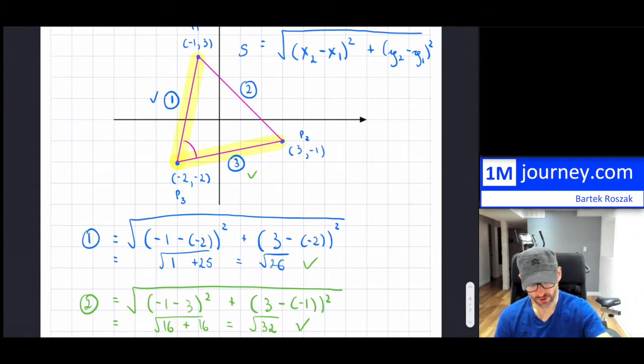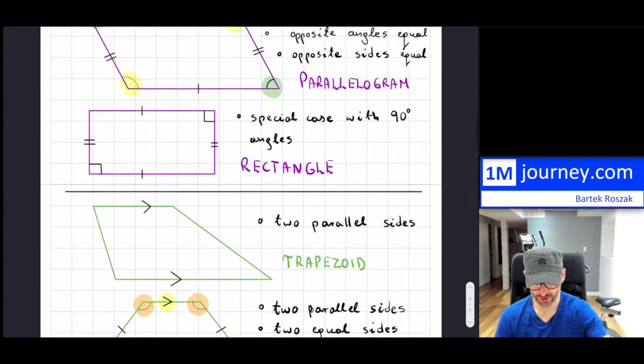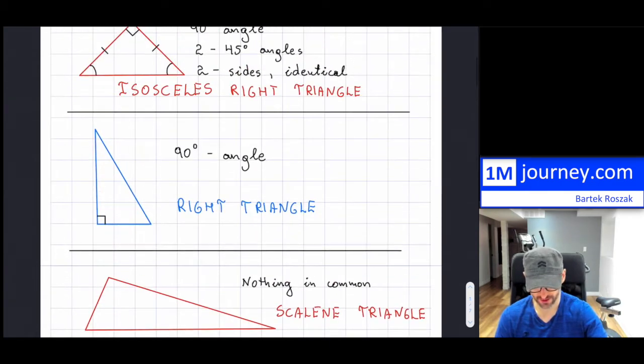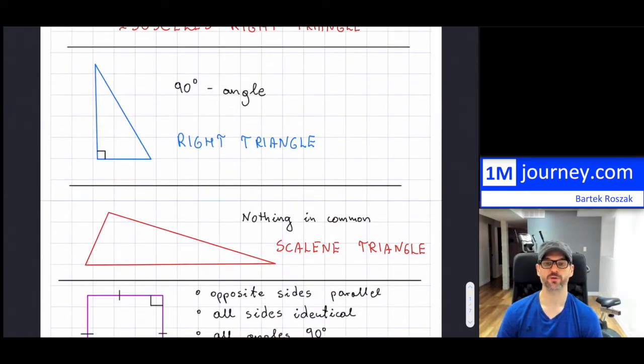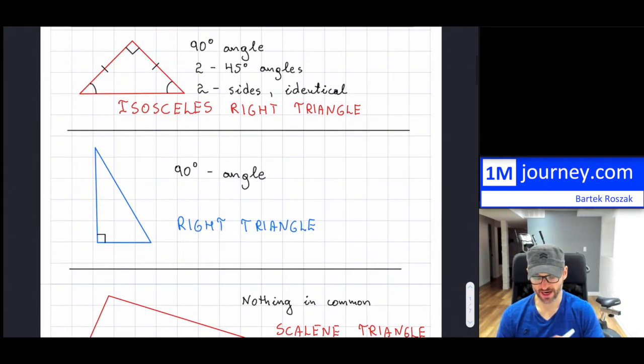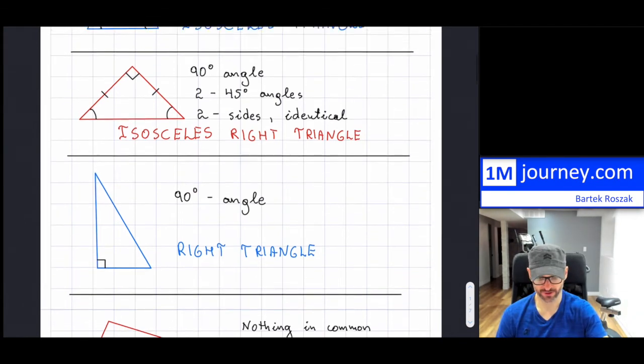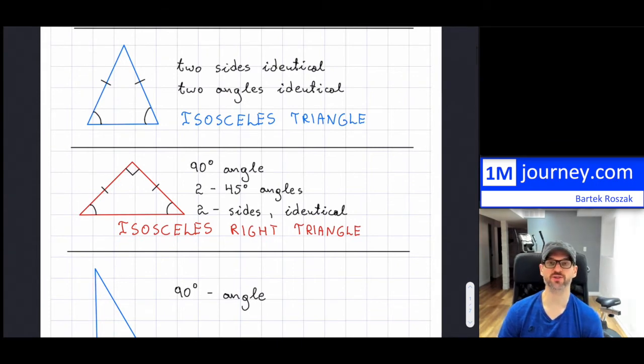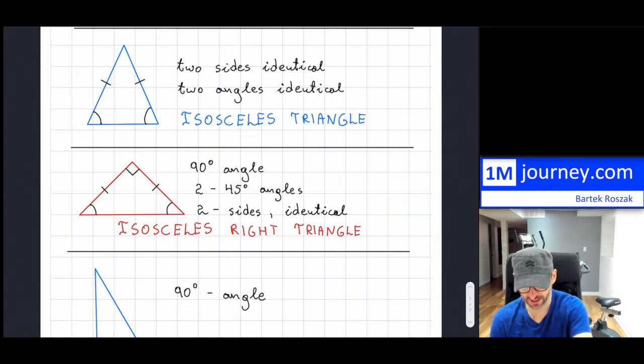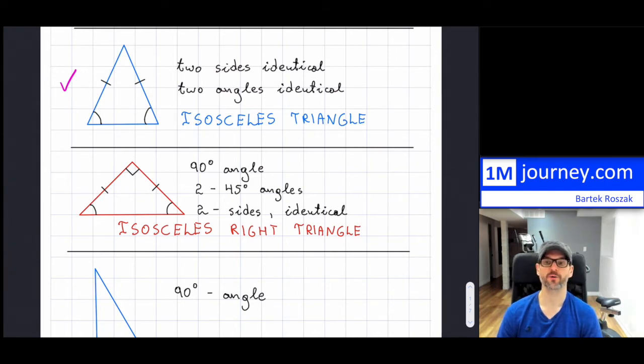Now, if it was a different type of triangle, we could go along this list and see. If there was nothing in common, it would have just been a scalene triangle. If all the sides were different, but we had a 90-degree angle somewhere, then that would have been just called a right triangle. Notice that then there are the isosceles triangles. So we're saying that we are going to be something within here, because that angle is not really 90 degrees for us.